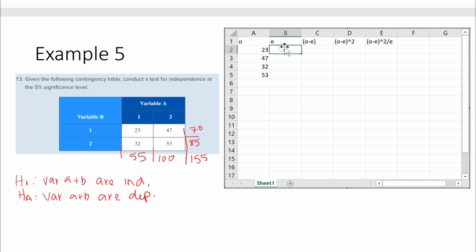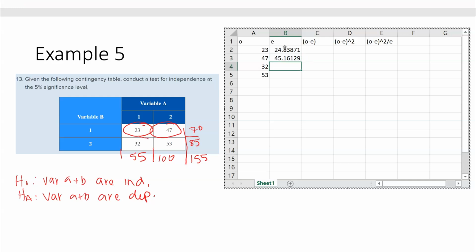And then the expected value for this part comes from the row total, 70, times the column total, 55, divided by the total. For 47, the row total is 70 times 100 divided by 155.